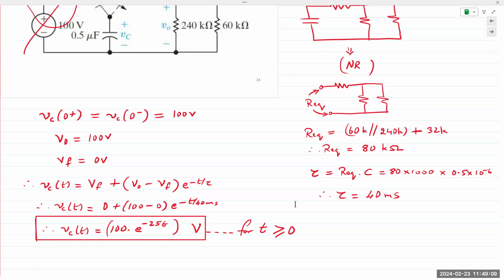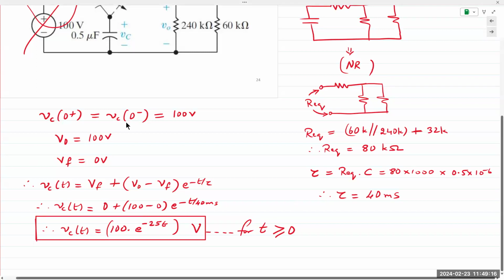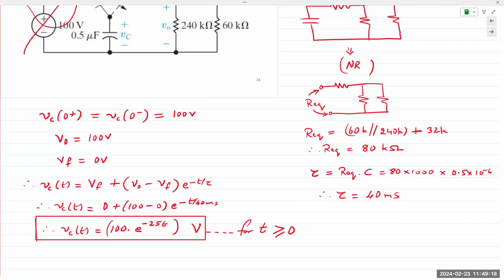Then simply plug it into the general expression, and you'd have your answer. Any questions at all? No questions?